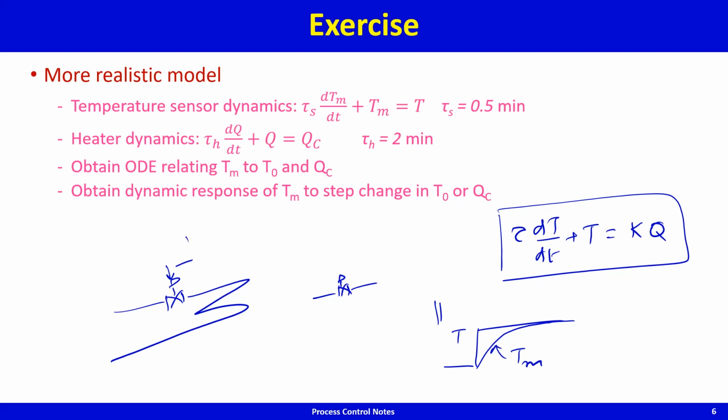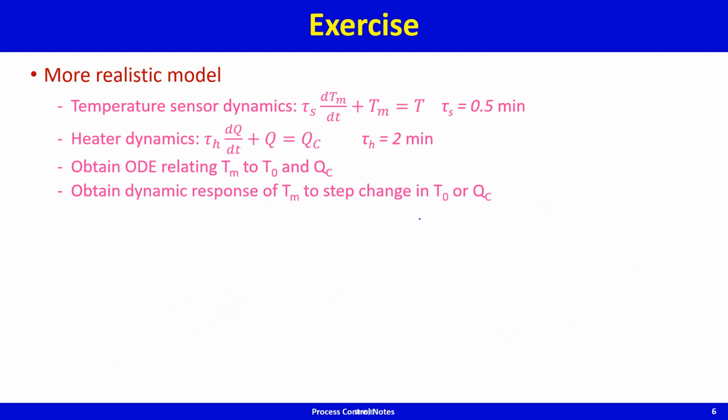So if this signal goes up, it takes time for Q to reach the controller demanded value. This is the Q coming from the controller and this is the Q that is actually delivered to the fluid.